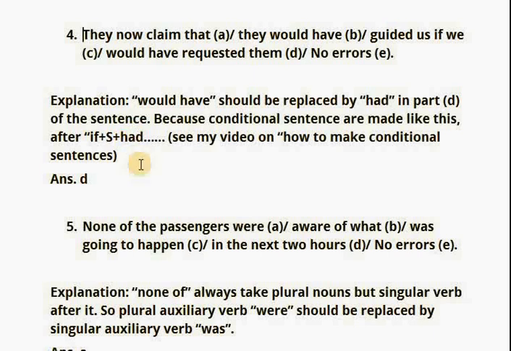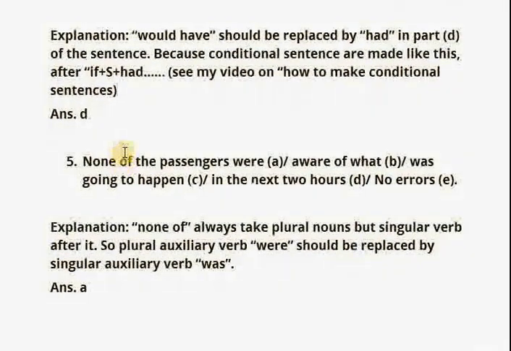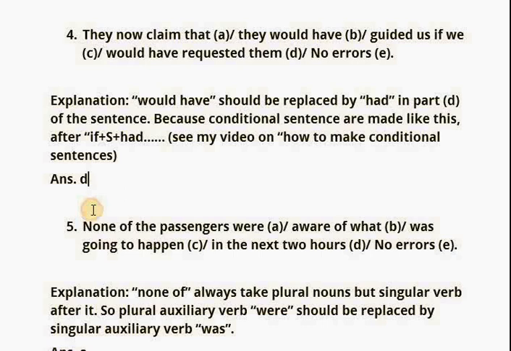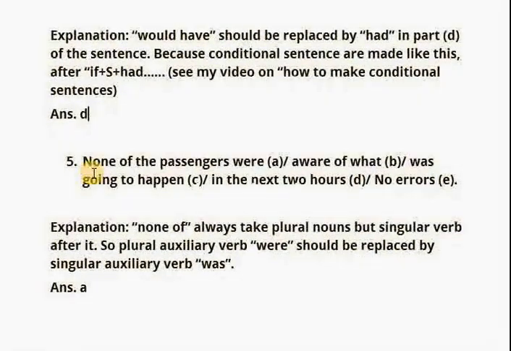This is a very diverse and subjective topic, so I have made a video on this. You can see my video on how to make conditional sentences, and this is how it should be. So let's move on, and your answer would be D. Let's move on to question number 5.